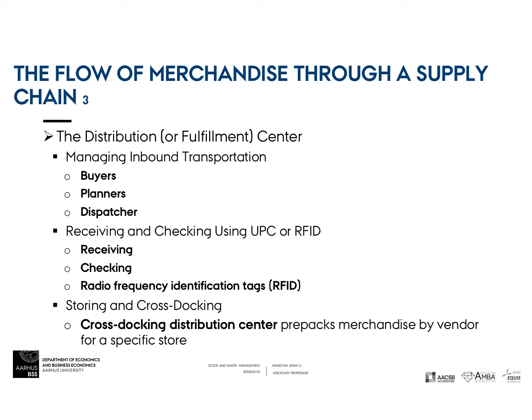For example, the buyer is responsible for purchase and profitability of the merchandise, and the planners are responsible for the financial planning and analysis of the merchandise, and then allocate to the stores. So mainly allocate the purchased merchandise to the store.